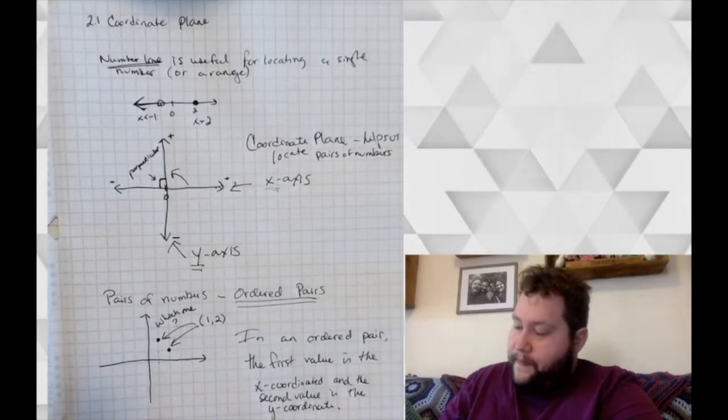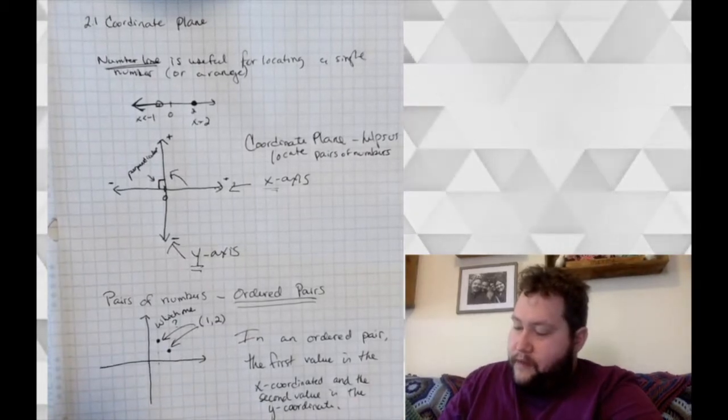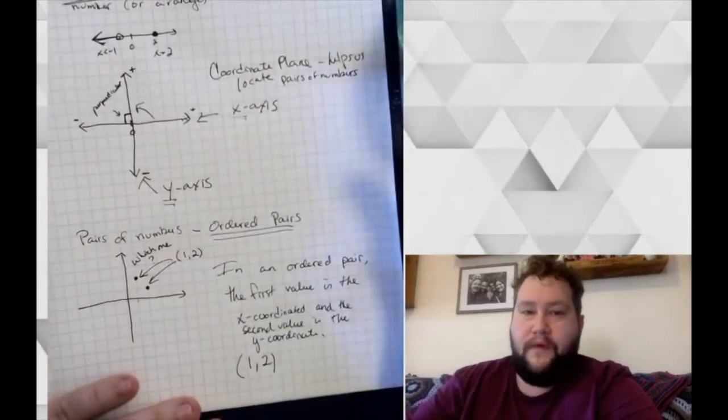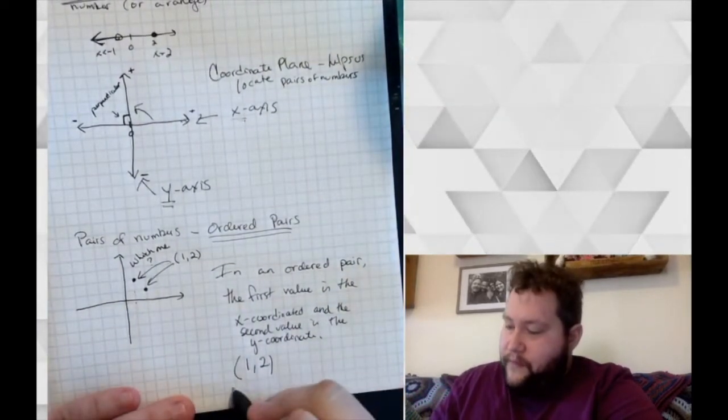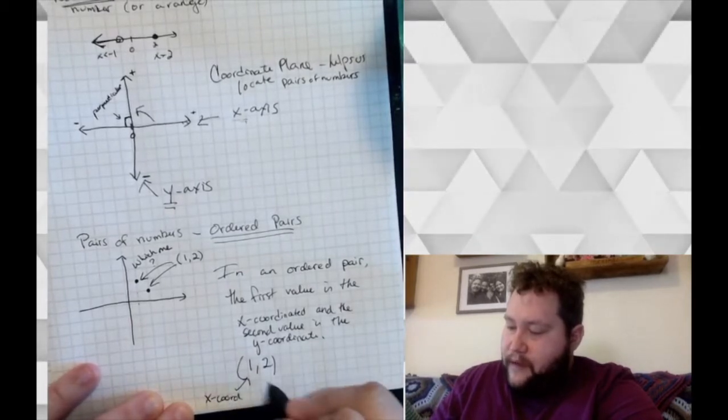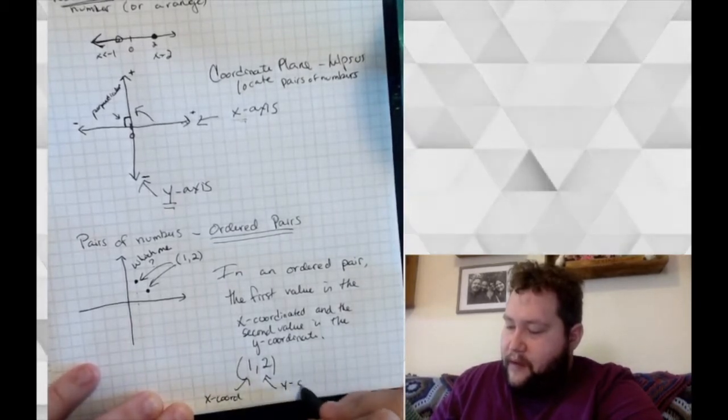So in 1, 2, 1 is our x-coordinate, and 2 is our y-coordinate.